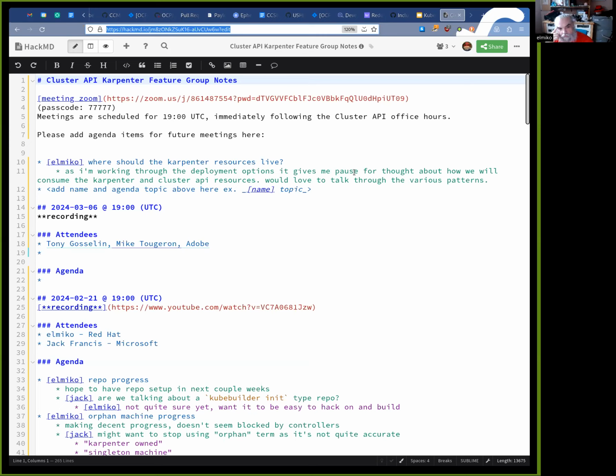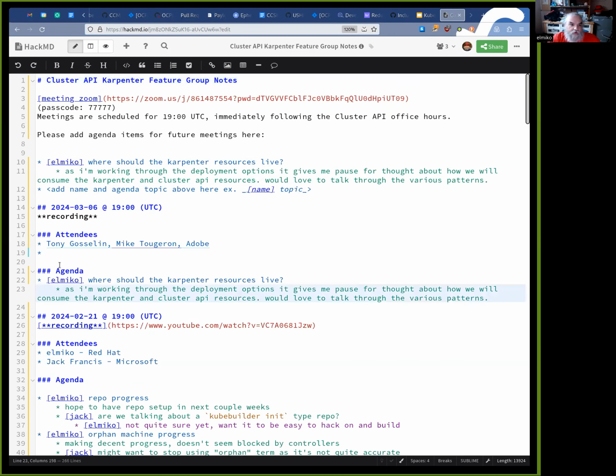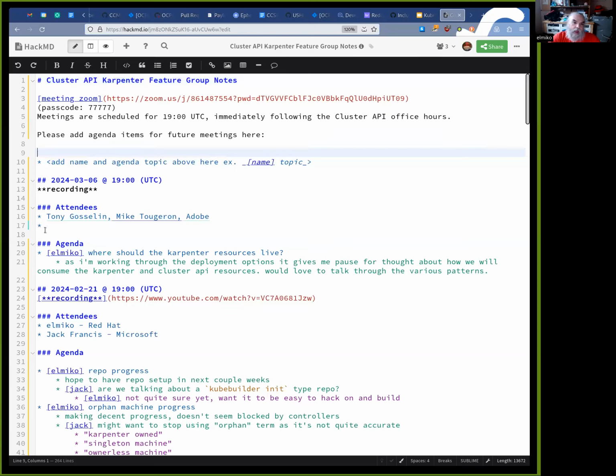As part of this, and let me copy this into the agenda here, I'm starting to make some decisions now about how we do the split brain between the management cluster and potential workload clusters, because Karpenter operates in a similar way to the cluster autoscaler, in that it needs to be able to see the node objects and the pods, and it also needs to be able to see its node claims, node pool objects, and the node classes that are made.